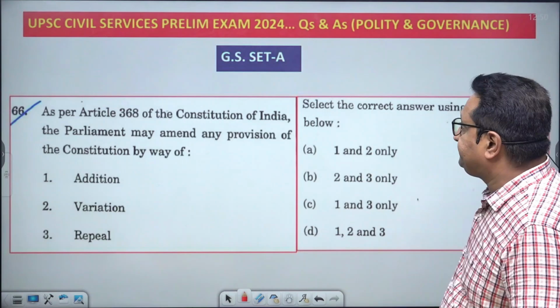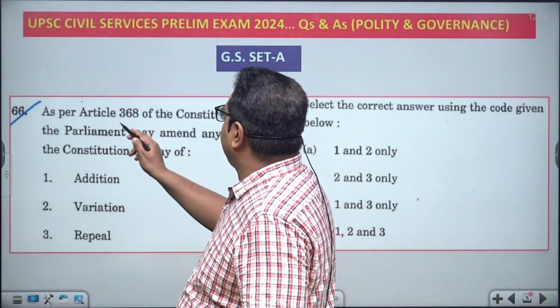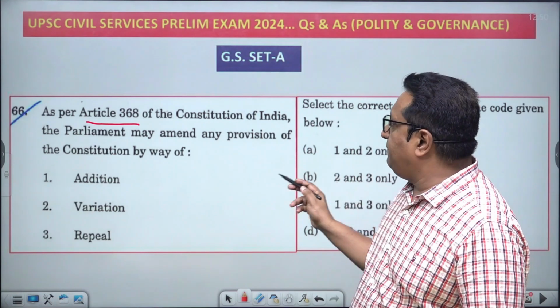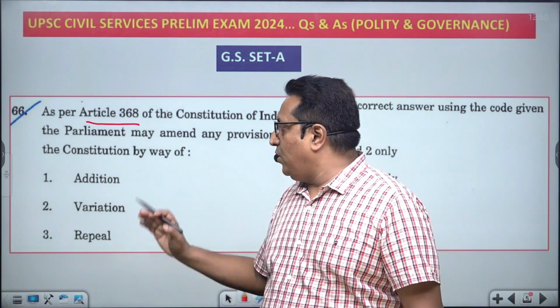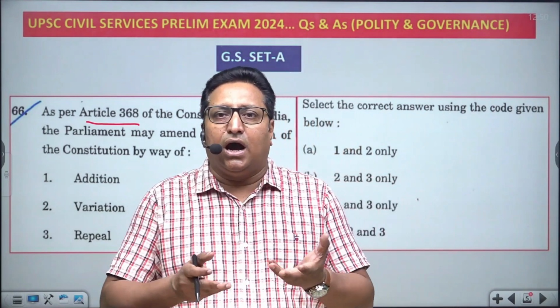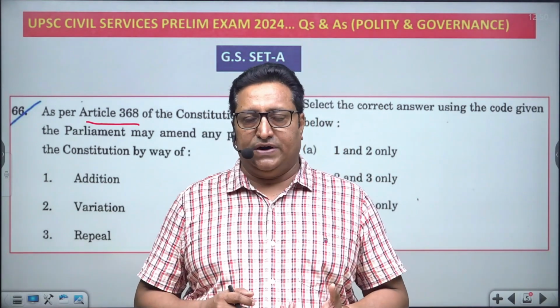So next question. As per Article 368 of the Constitution of India, the Parliament may amend any provision of the Constitution of India by way of addition, variation, repeal. So this is a question directly from the articles, provisions of the Constitution, right?